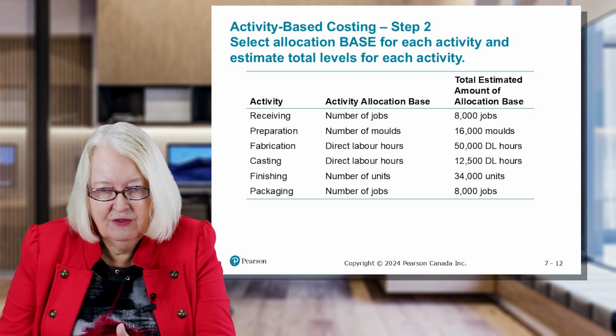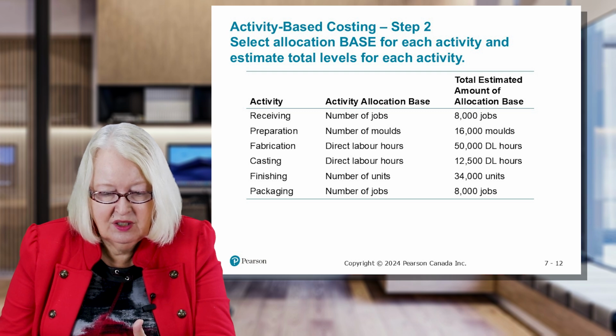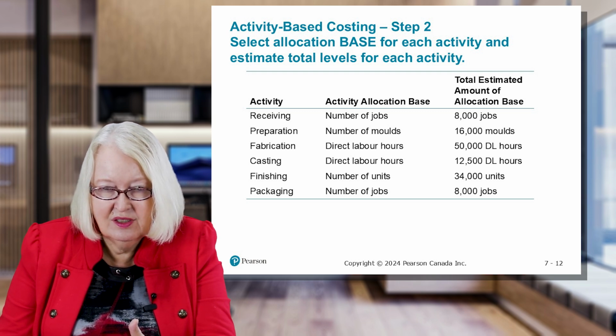So we have the 6 activities and we have the cost. Now we need to figure out the cost driver of each of these activities. Receiving would be based on the number of jobs, with an estimated 8,000 jobs. Preparation, the cost driver would be molds, so 16,000 molds estimated. Fabrication, the allocation base is direct labor hours, and it's estimated that 50,000 hours would be used.